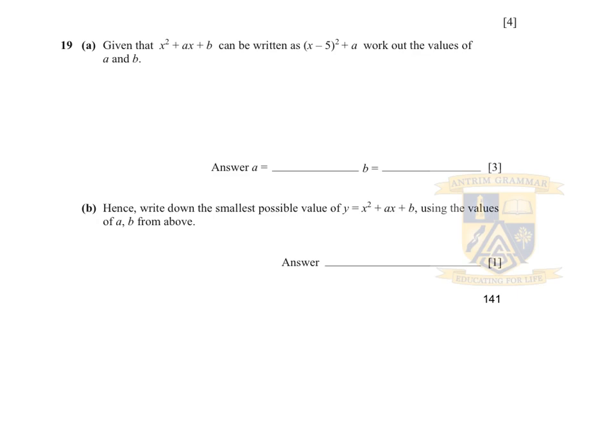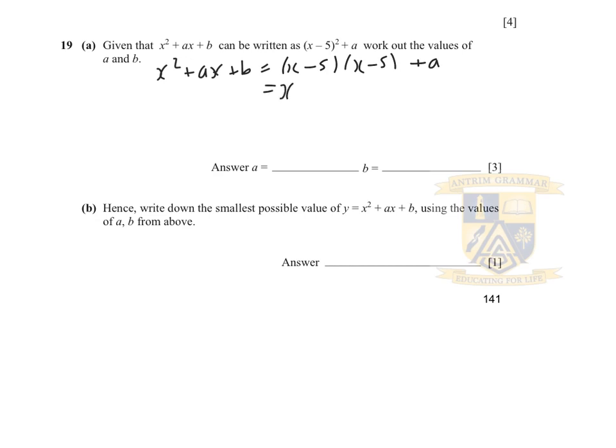Basically, these two things are the same. So we could say that x squared plus ax plus b is the same as this thing on the right hand side. Let's expand that out. That would give you (x minus 5) times (x minus 5) and then plus the a.